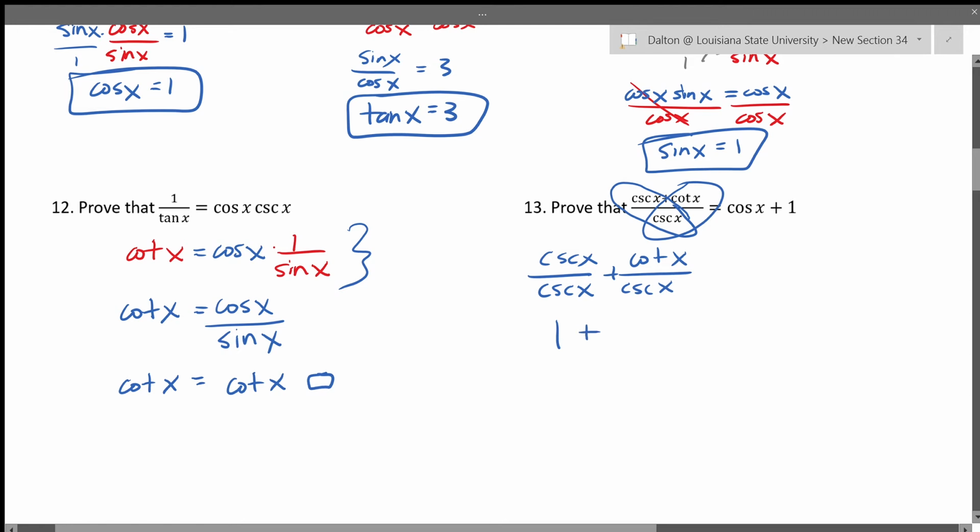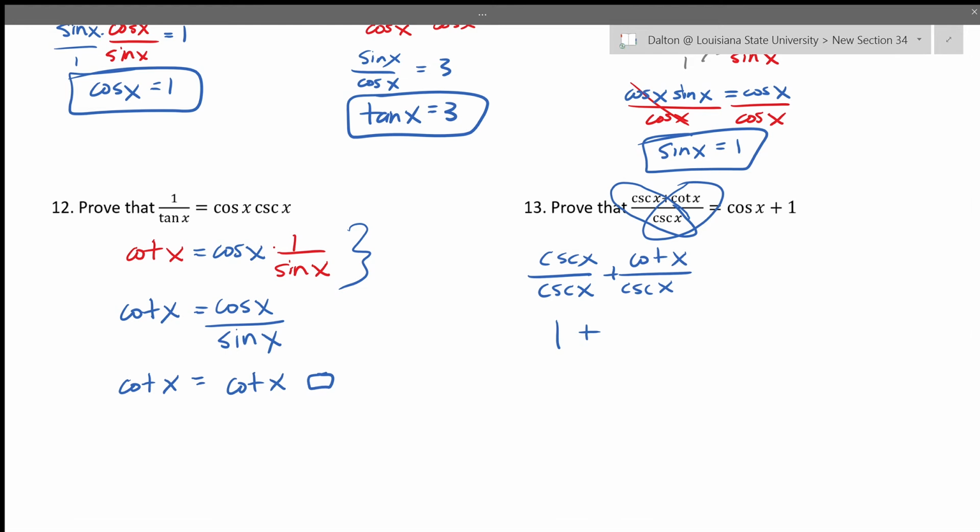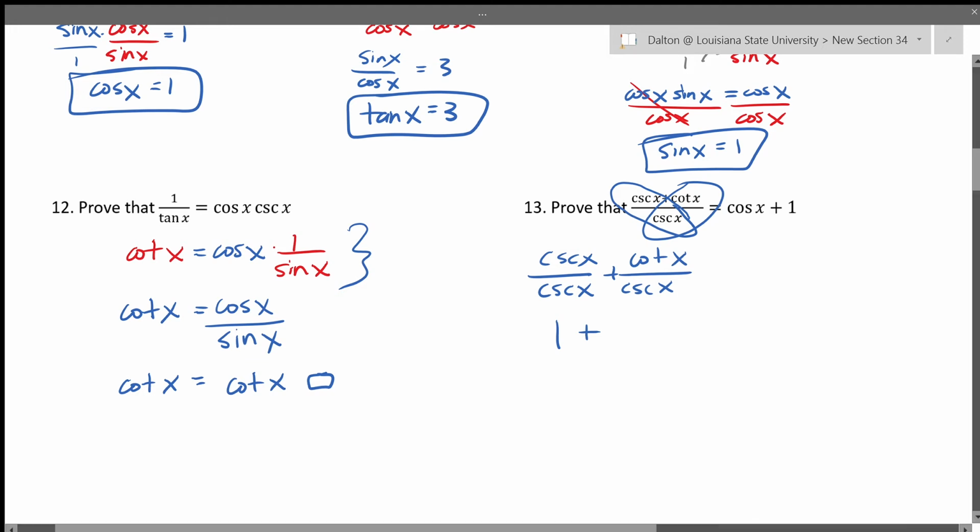Plus, now I'm going to rewrite cotangent and cosecant because I don't really know how to simplify it as is. So cotangent, using my quotient identity, is going to be cosine x over sine x, all over, I know cosecant, I can write its reciprocal as 1 over sine x.